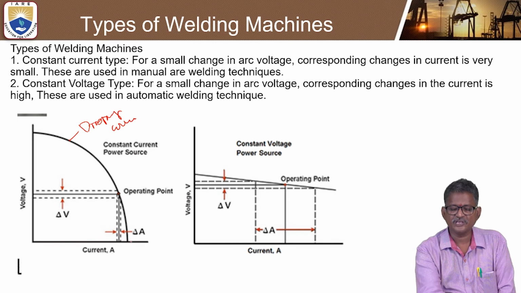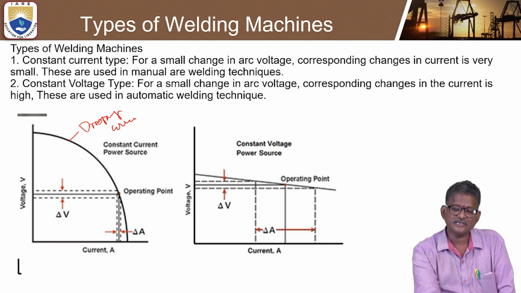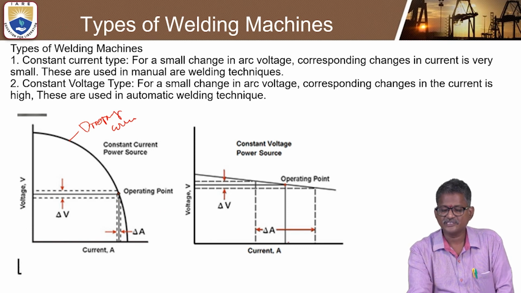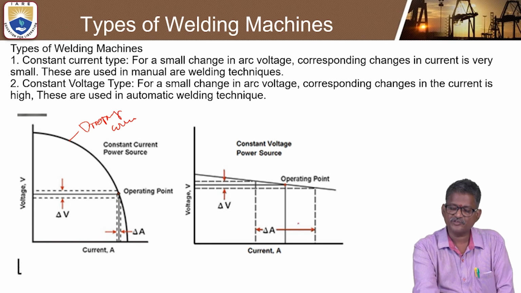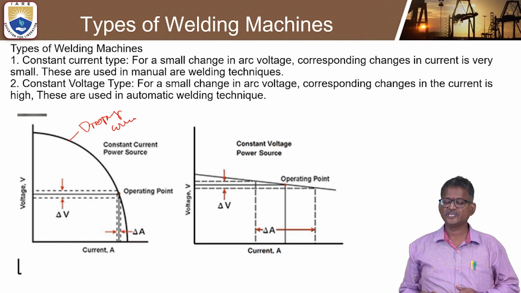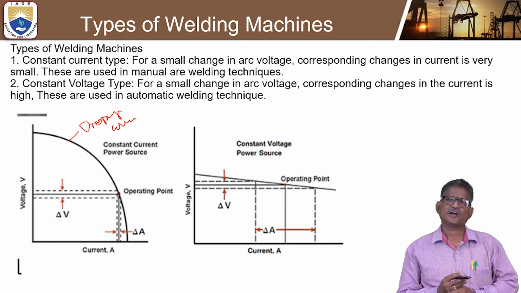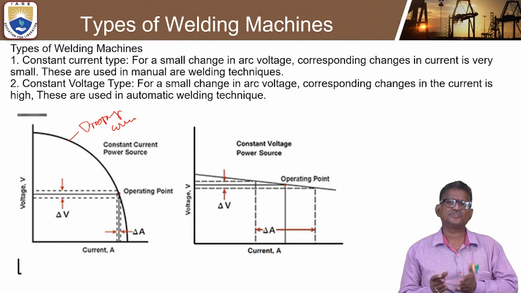In the constant voltage source, delta V is nominal, and only the change in current will be more. This is the basic difference between a constant current type and a constant voltage type.